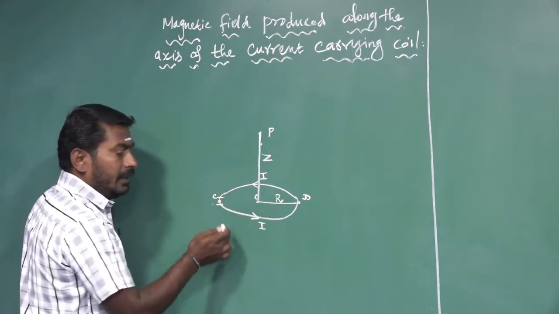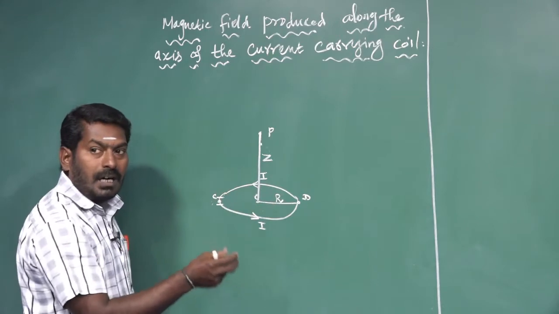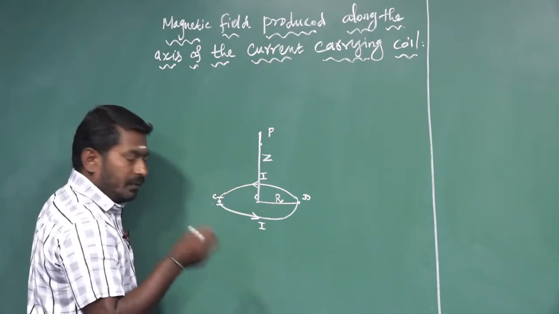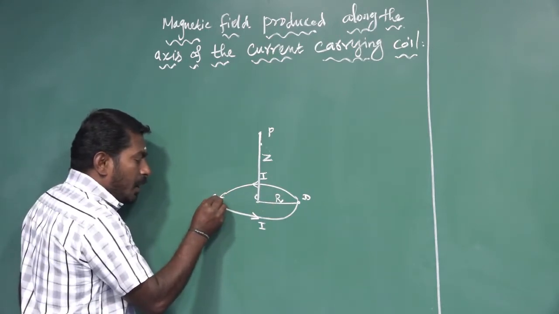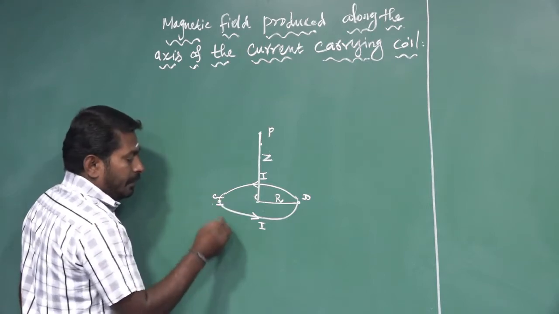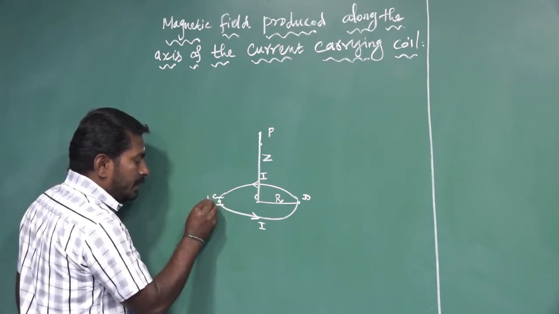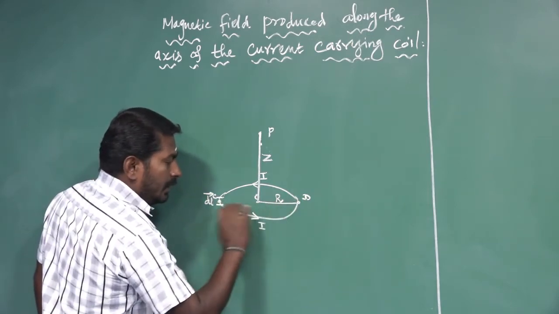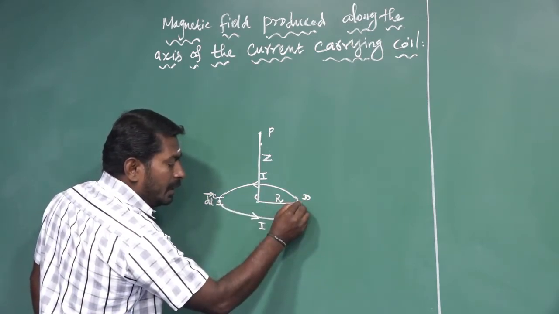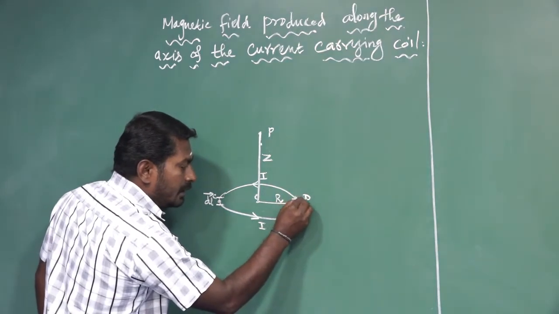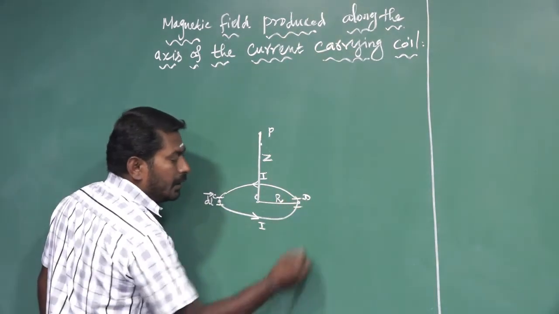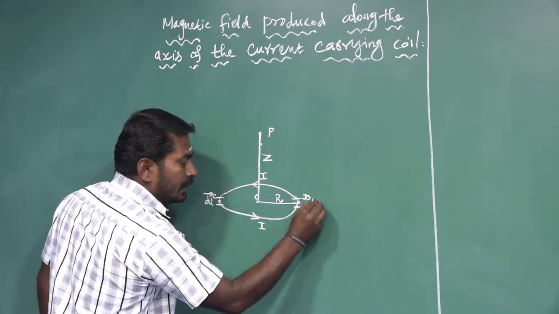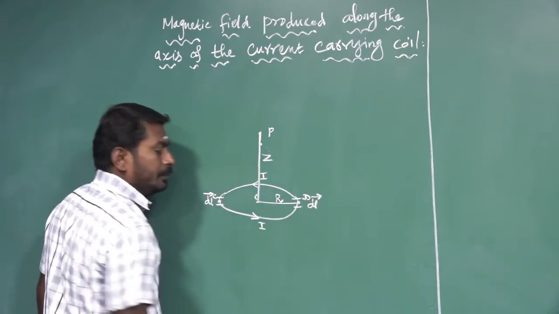This circular coil is divided into a large number of small elements, but we assume one small element at C. The length of this element is dl. At the diametrically opposite point D, we consider another small element in the circular coil, also of length dl.